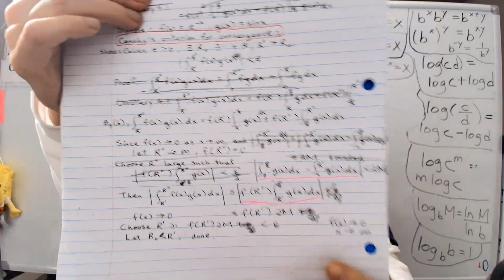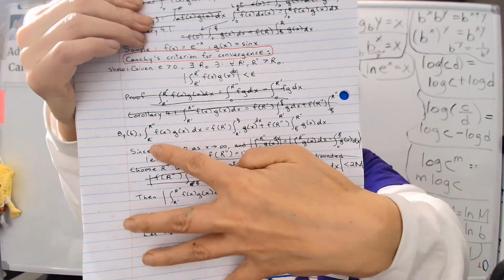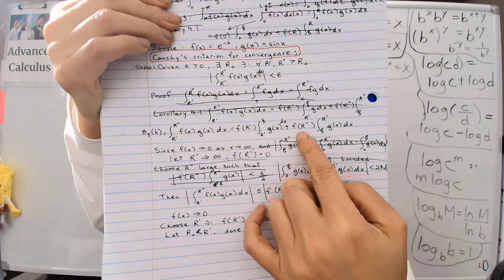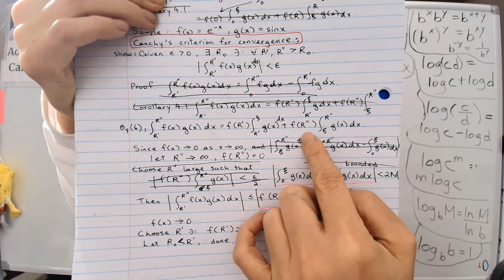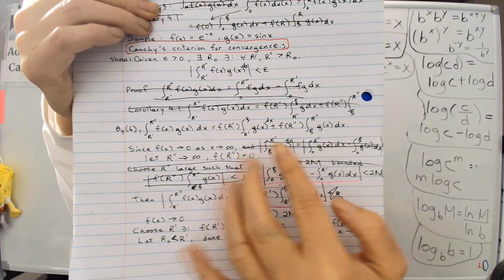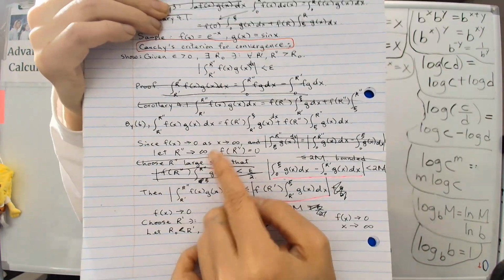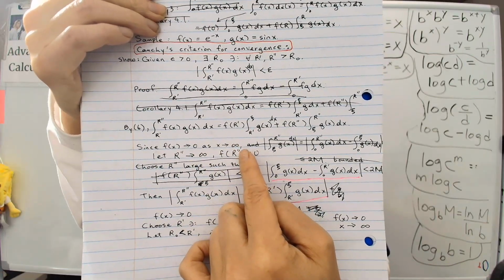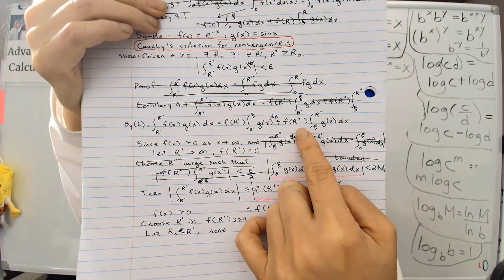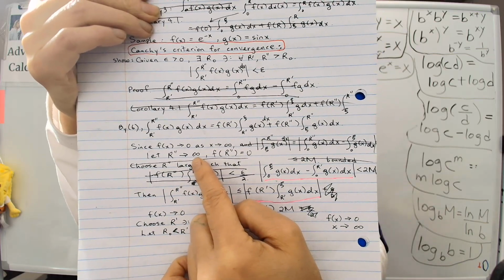So by equation 6, it equals R prime, that's A, right? Times the integral from A to psi, and then f of R double prime, that's B, times the integral from psi to B. All right. Now we are going to make an interesting argument. Since f of x approaches 0 as x approaches infinity, that's one of the given conditions, we are going to let R double prime go to infinity.